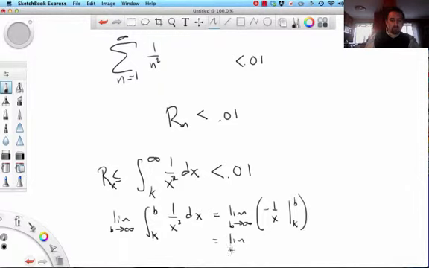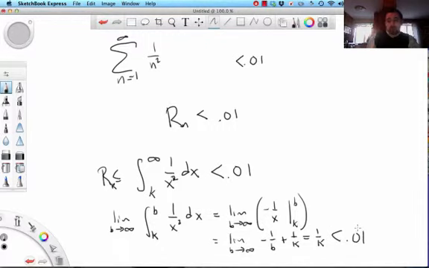Putting in b, we get negative 1 over b plus 1 over k. The first term goes to 0 because b is going to infinity, so this is just 1 over k. And we want this to be strictly less than 0.01.